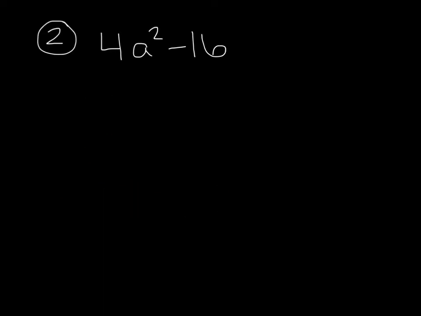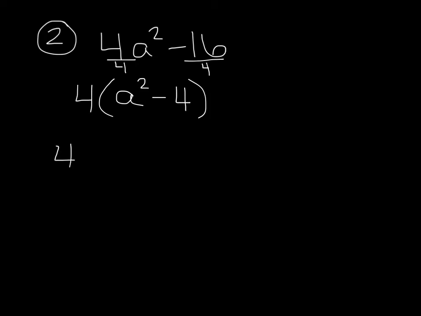Okay, here's another example. Again, we want to look for a GCF. For 4a squared and negative 16, you can pull a 4 out. That leaves you with a squared minus 4, because we divided everything by 4. After that, we pull down the 4, draw our two parentheses, and put an a times an a because that gives you a squared.